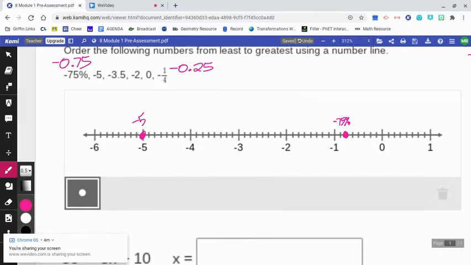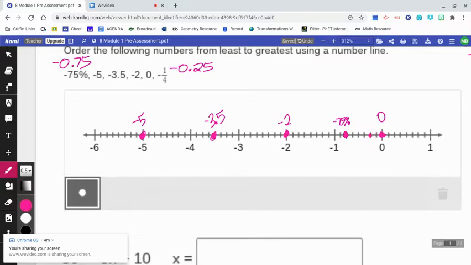Okay, negative 5. I've got negative 3.5, halfway between negative 3 and negative 4. I've got negative 2. I've got 0. And then negative 1/4 is going to be halfway between 0 and negative 1/2.